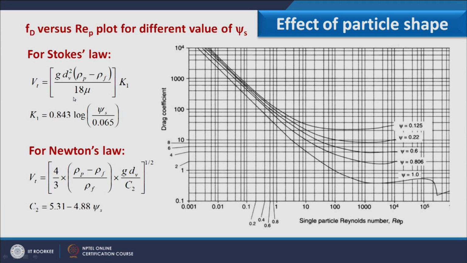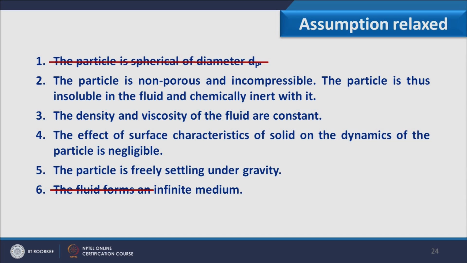So, considering K1 in Stokes law and C2 in Newton's law, we can study the effect of particle shape on settling velocity. And again here we have considered all these assumptions. Up to here we have already relaxed the first assumption.